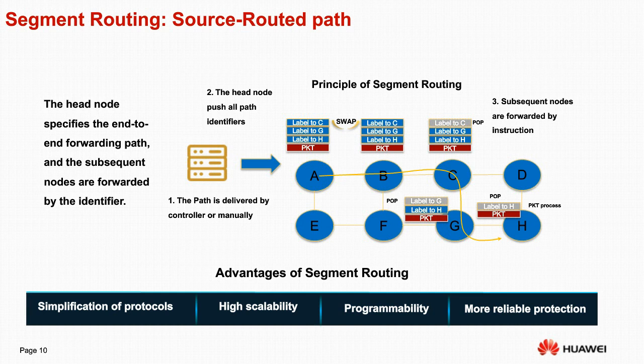Segment routing is unlike LDP and RSVP: it doesn't need signaling to distribute a label hop by hop. It just needs the IGP to flood the global label to the full network, and the controller will use this topology and the global label information to calculate a label stack from A to H. One label is one SID, and it identifies the whole path.